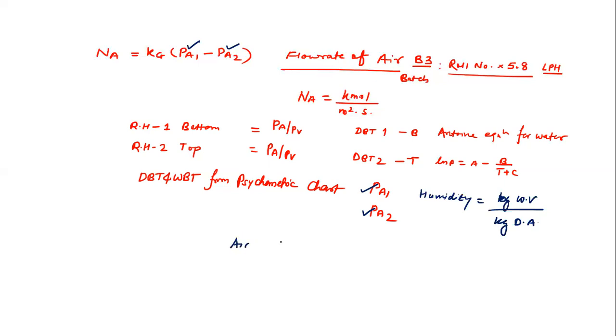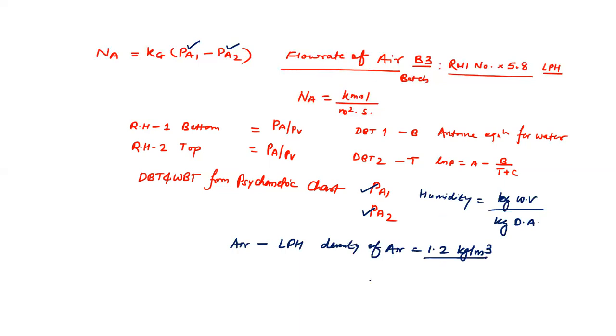Here you have in LPH, take density of air equal to 1.2 kg per meter cube. Convert LPH into kg. That's kg of dry air.